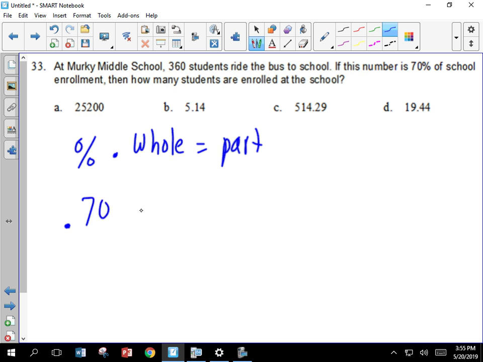Where people struggled the most was figuring out the difference between whole and part. The way I look at it is, these are 360 students out of the entire school. So the entire school would be the whole, and that's what we don't know. So I'm going to label that X, and the part is 360. So to solve this, once again, multiply times X. So to get rid of it, we got to divide by 0.70.